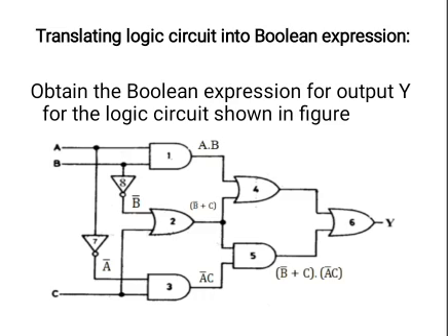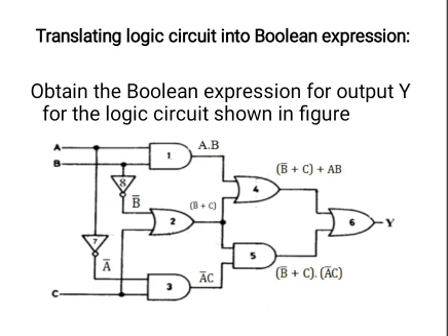The fourth gate is the OR gate. The first input is A into B and the second input is B complement plus C. These two are added. So B complement plus C plus A into B.